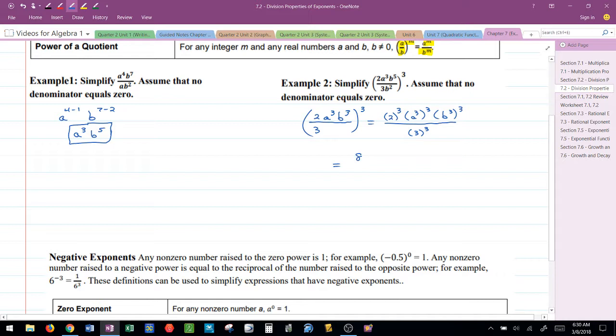And a to the third to the third is power to power, so you multiply the powers: a to the ninth. B to the third to the third, multiply the powers: b to the ninth. In the denominator, I have 3 to the third, that's 3 times 3 times 3, which is 27. Remember, if you could simplify the numbers within the fraction, you would do that.